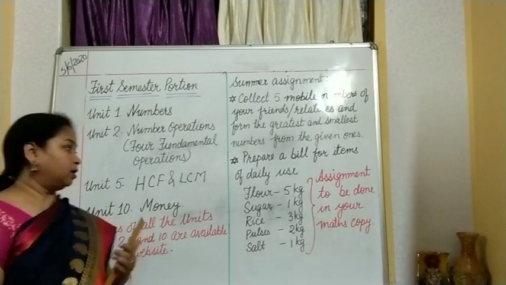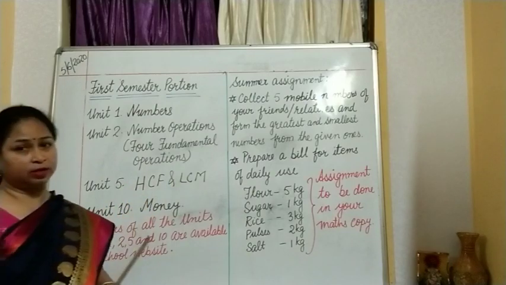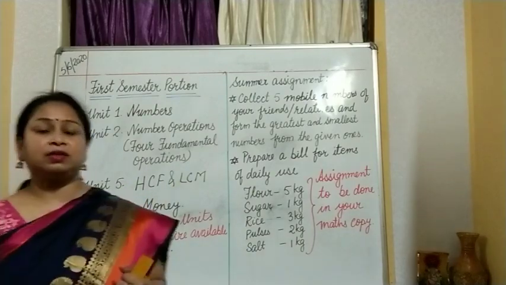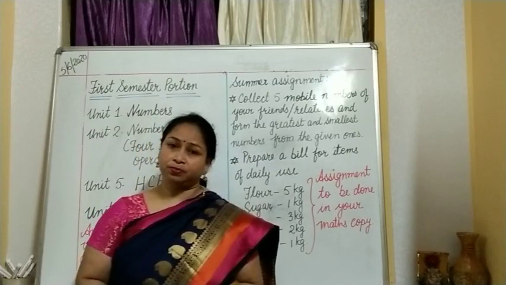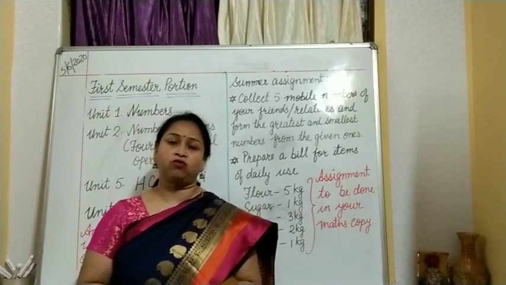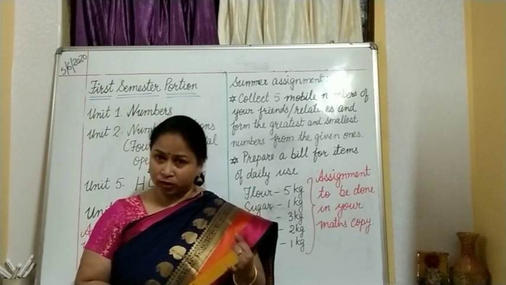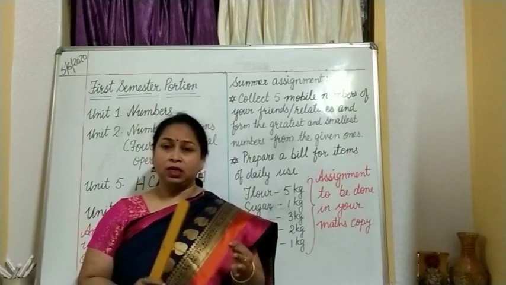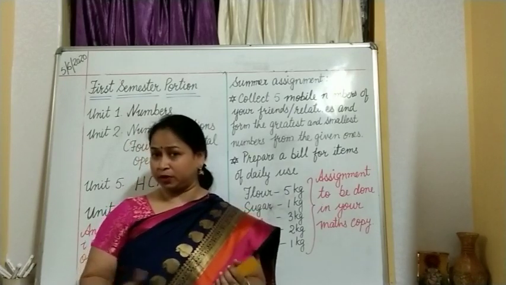Okay. Then we completed unit 5, HCF and LCM. While we were dealing with HCF and LCM, we have also learned different definitions: natural number, whole number, even numbers, odd number, prime number, composite number.